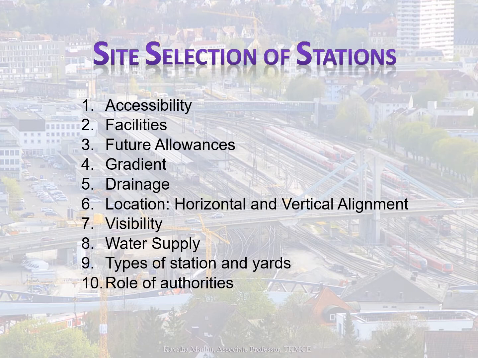So it should be accessible, and for that there should be an adequate number of approach roads to the station site. It is highly essential to encourage rail transport by providing approach roads connecting a town or village to the station site. And again, when acquiring the land, we have to consider the present requirement as well as the future development.